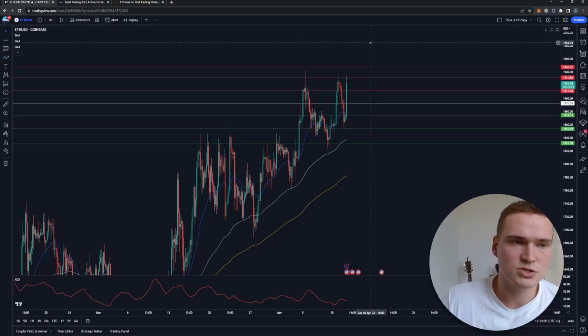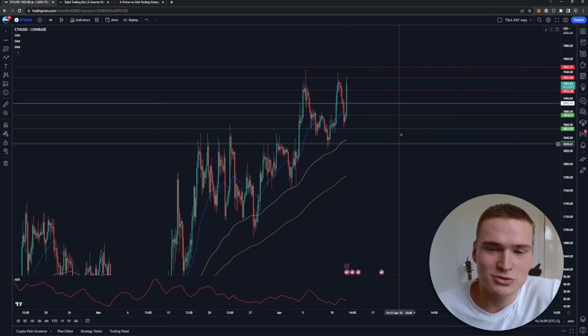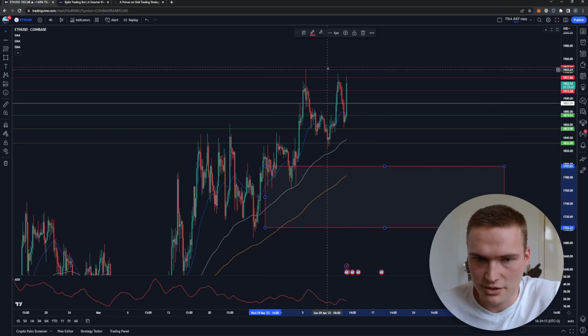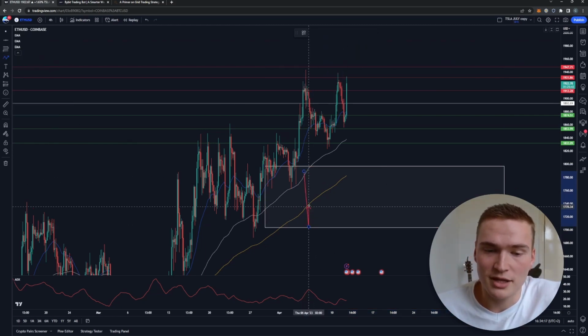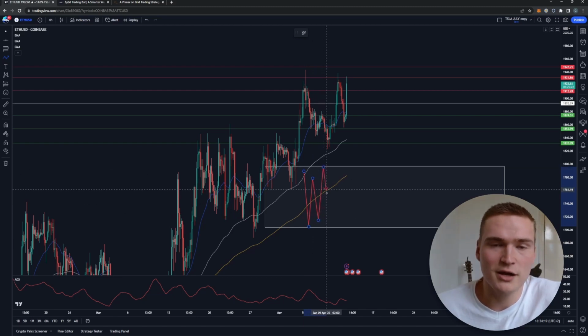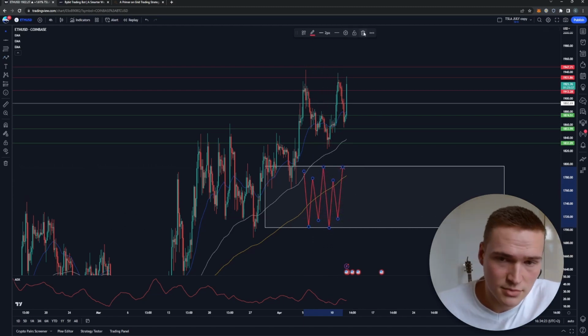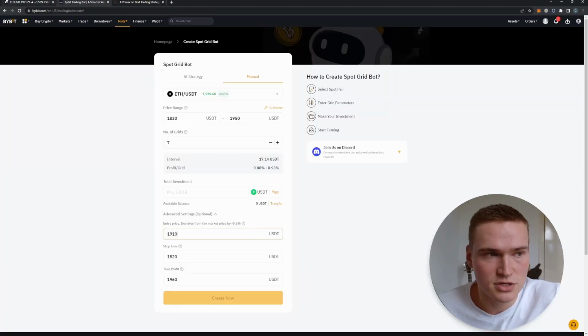So is a grid trading bot good? Should you use it? Well, if you think a crypto is going to move in a range, in a box like this, and you think it is going to move up and down in that box without going out of it, then it's a great way to buy low and sell at higher levels.